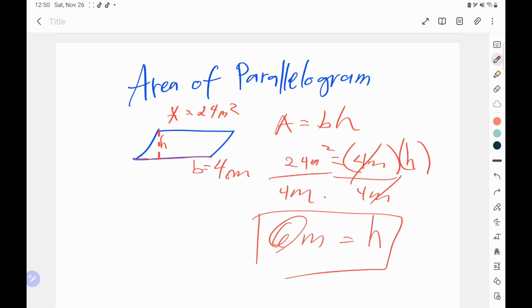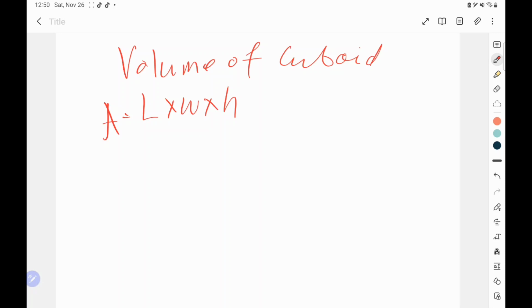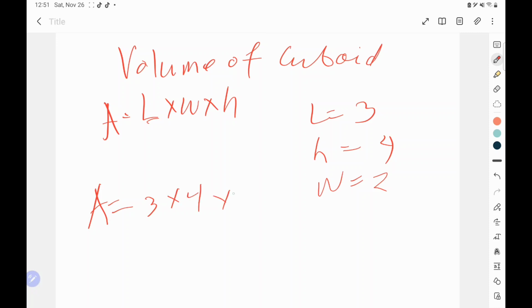All right, next. The volume of a cuboid, which is a 3D figure, has length, width, and height. All you have to do is multiply length, width, and height. That's it. For example, if your length is, let's say, 3, your height is, let's say, 4, and your width, let's say, 2, you just have to multiply all of them to find the volume. Volume is equal to 3 times 4 times 2, which is equal to 24 cubic centimeters or cubic meters.